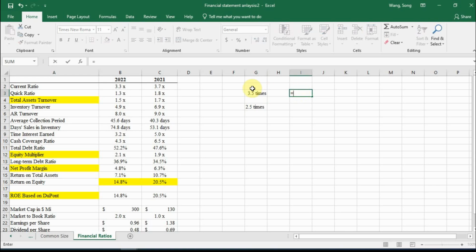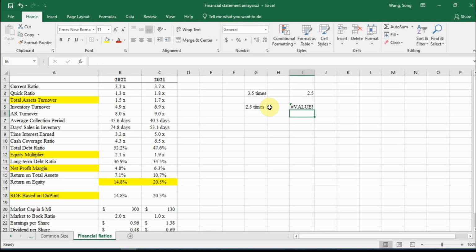So right here, if I put this minus 1, I would have a 2.5. But if I do this minus 1, then it cannot be used for calculation because this is a text. So therefore, you have to do the editing by changing the format instead of typing in the word.